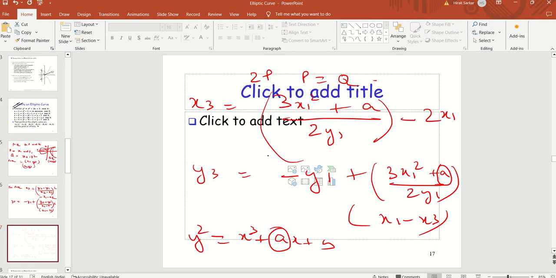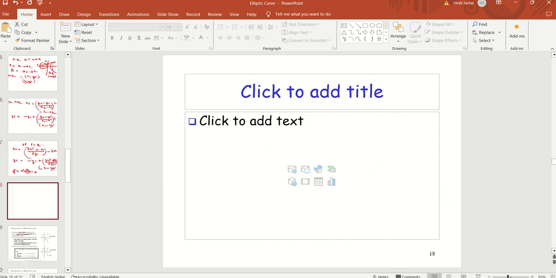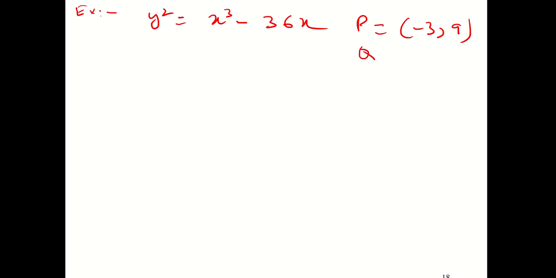Now let's solve one problem here. The question says that on the elliptic curve y square equals x cube minus 36x, P is equal to (minus 3, 9) and Q is equal to (minus 2, 8).